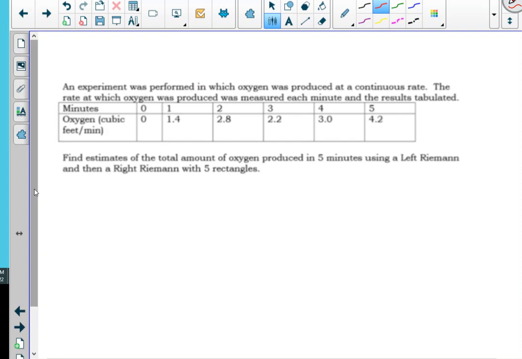what an integral measures. If we wanted to call this oxygen function O of t, where our minutes are in t, then what I'm estimating with my Riemann is the area under the O of t function from 0 to 5.